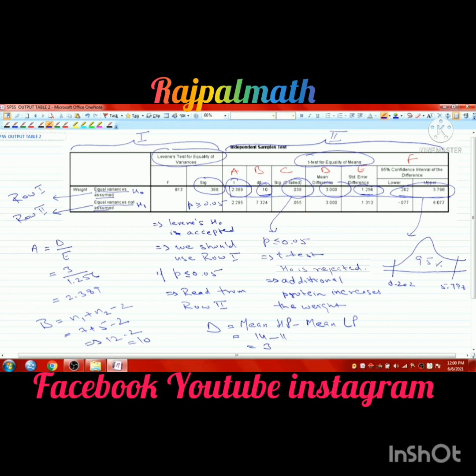It means our unknown population parameter lies between these two values, between the lower value and the upper value. So this is the interpretation of the output table of the SPSS t-test, two-sample independent test.